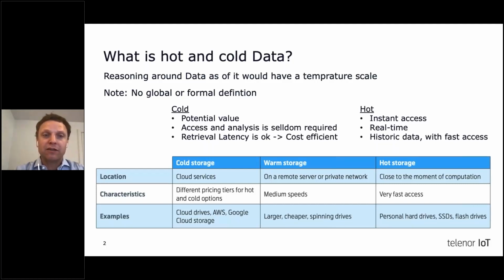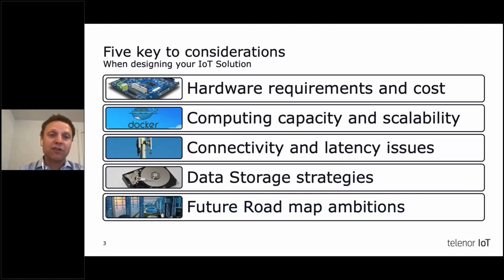Based on these concepts, I will give you 5 key considerations and deep dive into them one at a time, on things you should consider when designing your IT solution. First one is the hardware requirements and hardware cost. The second is compute capacity and scalability, that's where you add your intelligence.